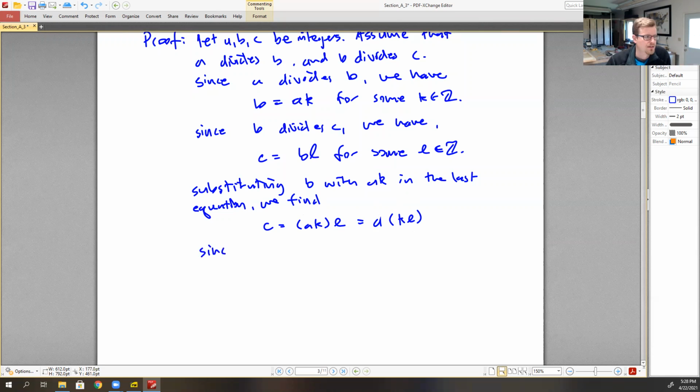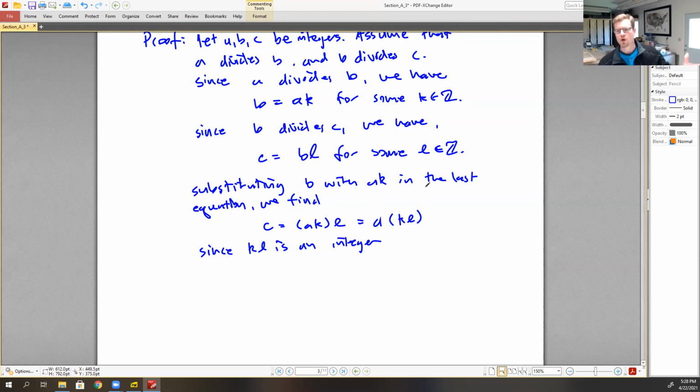Since KL is an integer, what I've done is I've written C as a multiple of A. So A divides C. But I don't have that until I know that KL is an integer, so I need to specify that. I know it is: K is an integer, L is an integer, so KL is an integer.